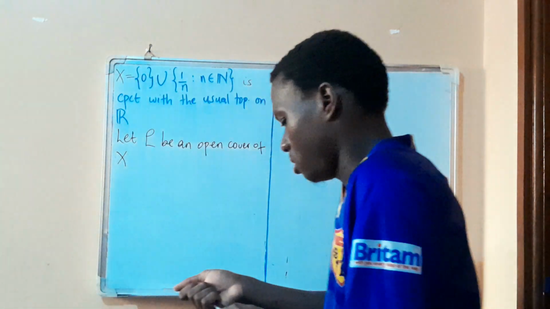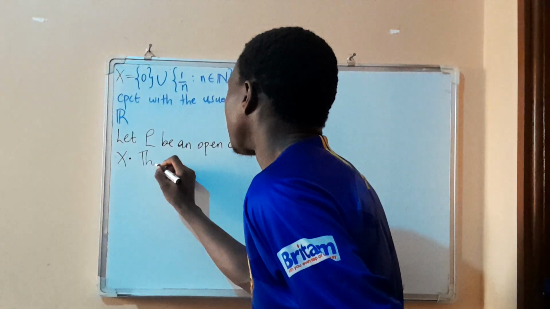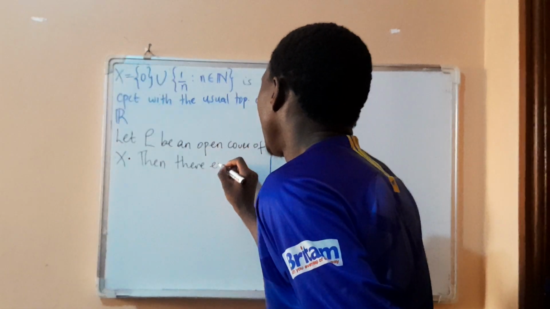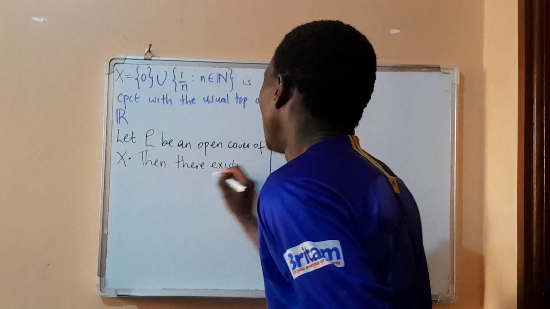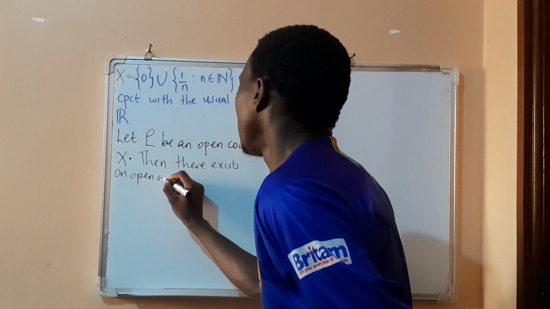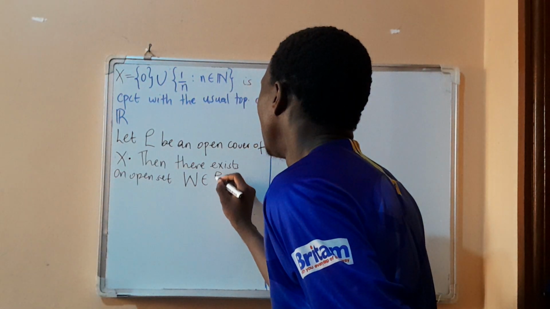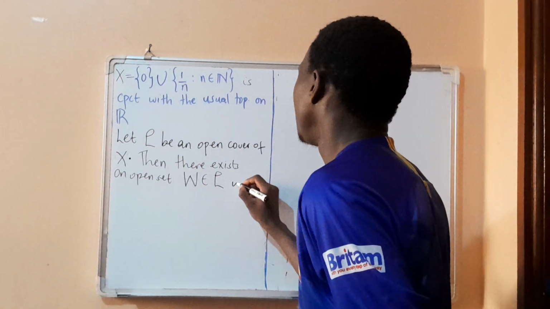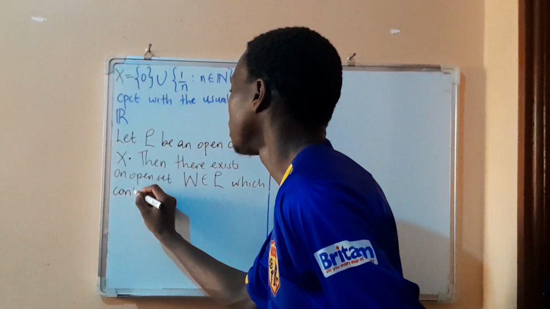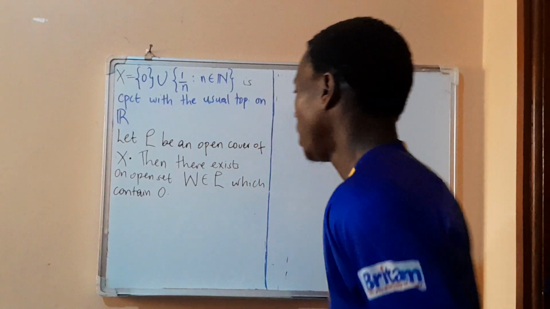So what that means is that there exists an open set W in U which contains the 0 element.